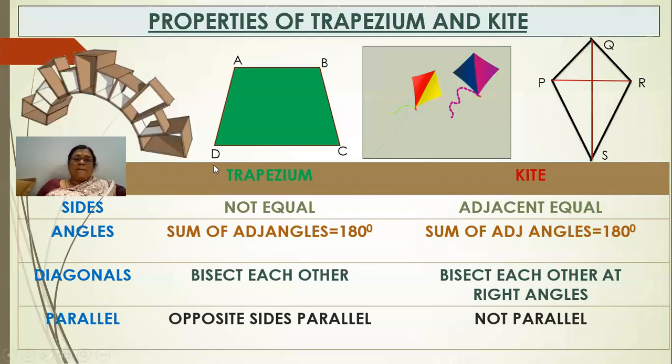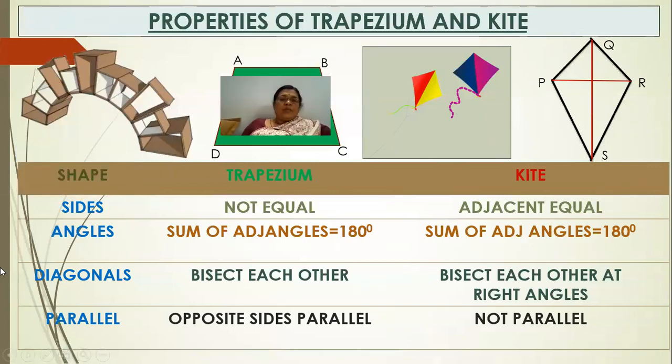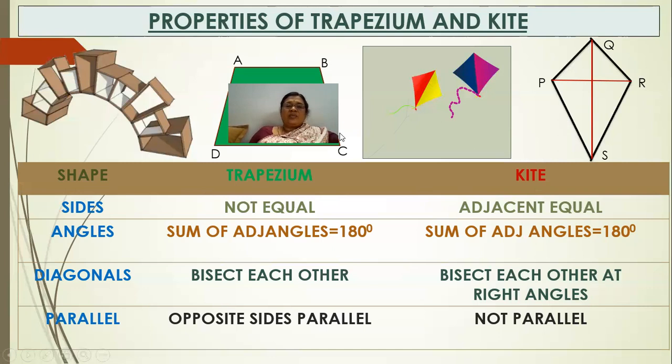See here, the shapes are, one is a trapezium, the other one is a kite. So this one is a trapezium and this one is a kite. The trapezium has 4 vertices and the kite also has 4 vertices.